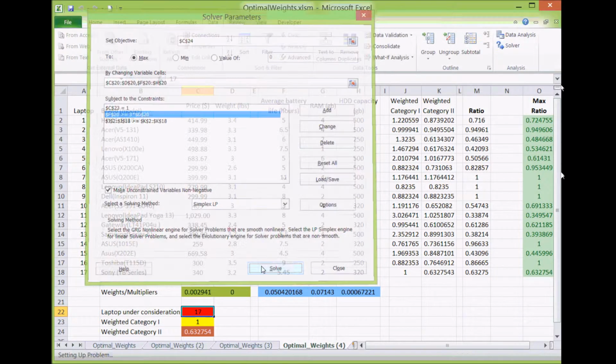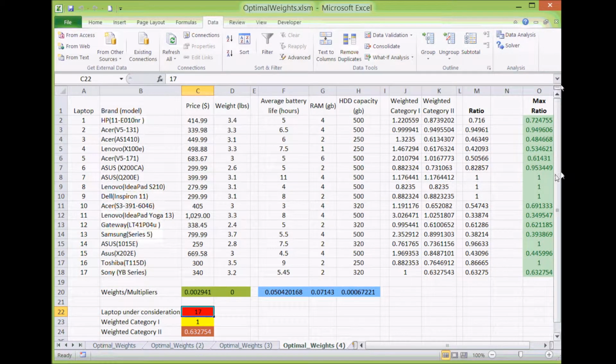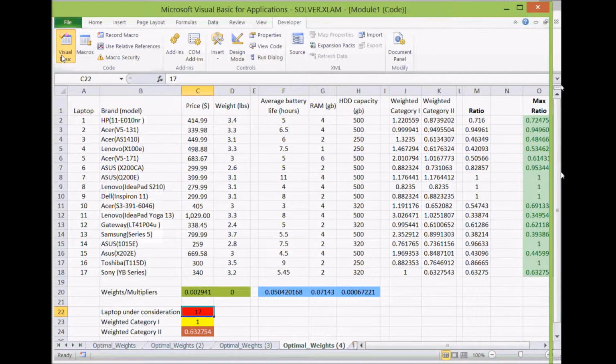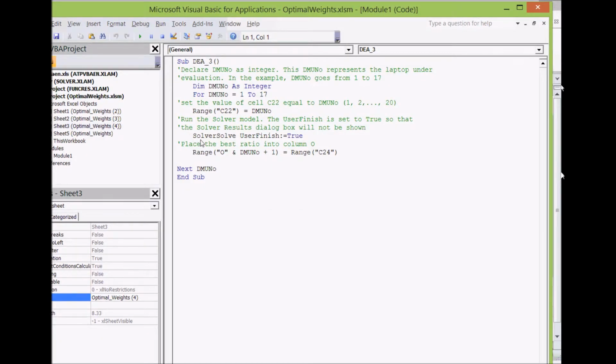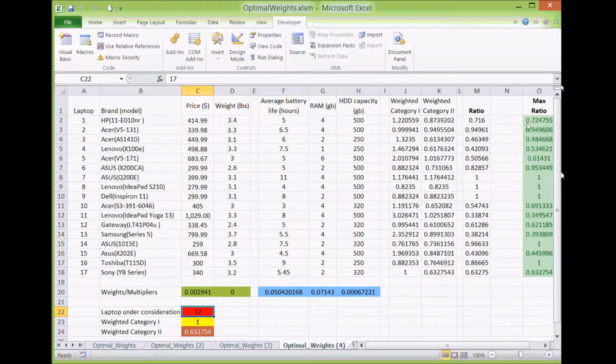By adding that and solving it, this is the same VBA code, because this is a new Excel file, so I copied and pasted that over. Again, the results are all reported in column O, and this is the result that you get.